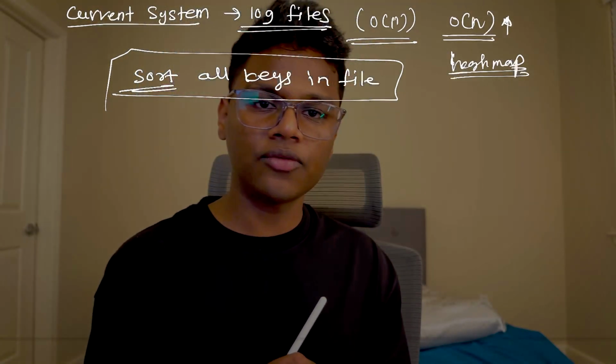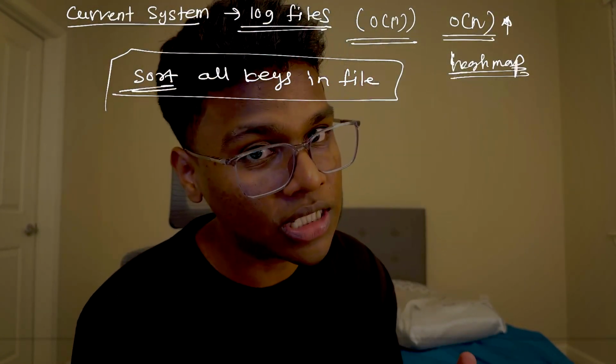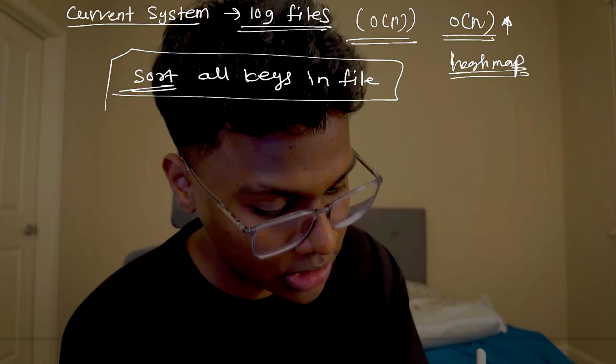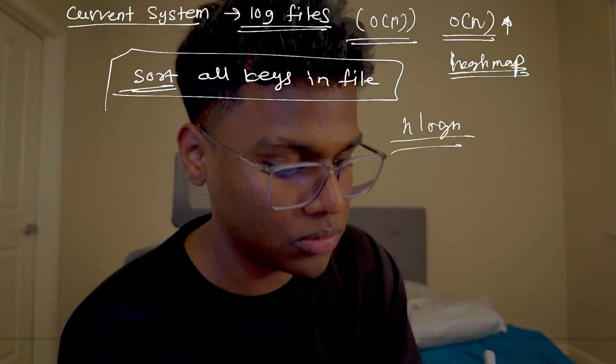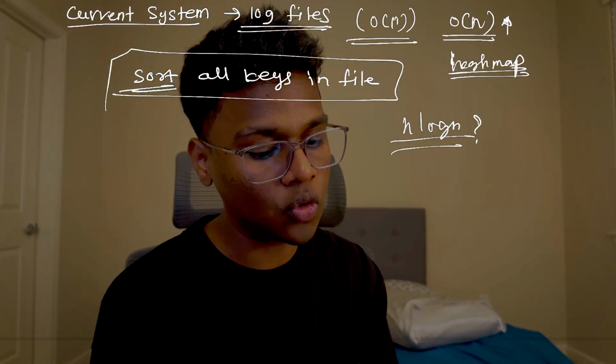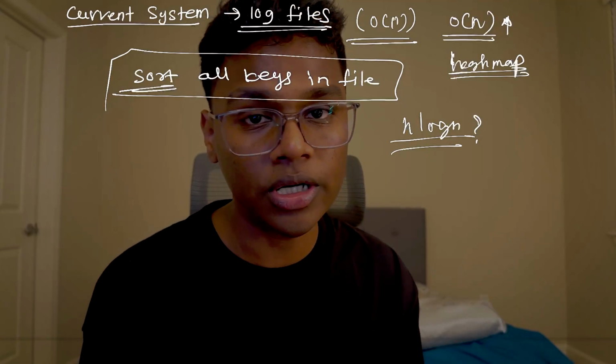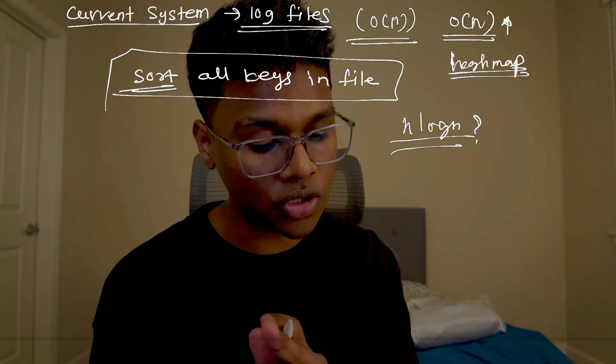But Amey, isn't it costly? Isn't sorting an n log n operation? Isn't it costly? हम तो O of 1 में कर रहे हैं. n log n तो बोल रहा है sort करने का. But we'll get into that shortly.